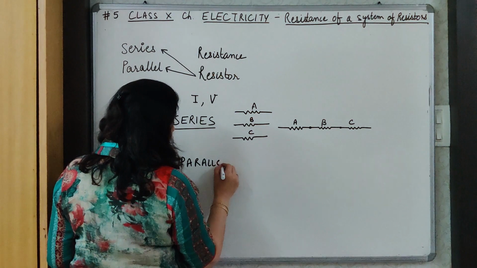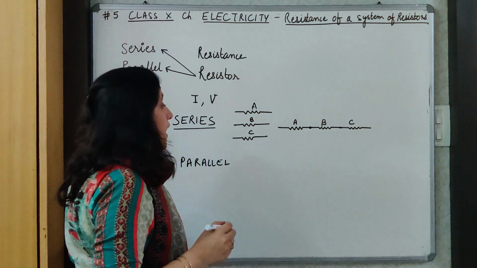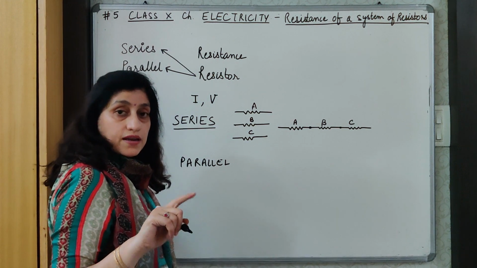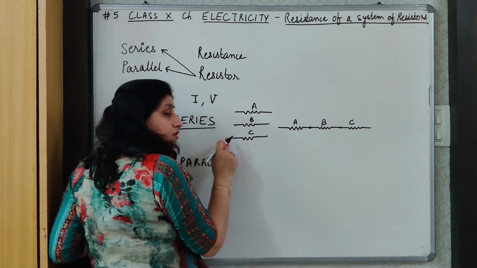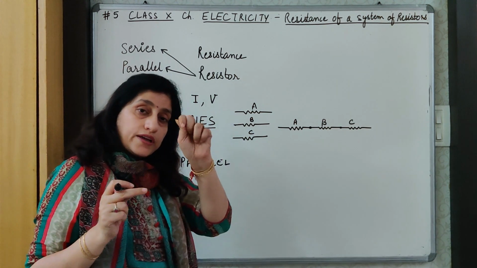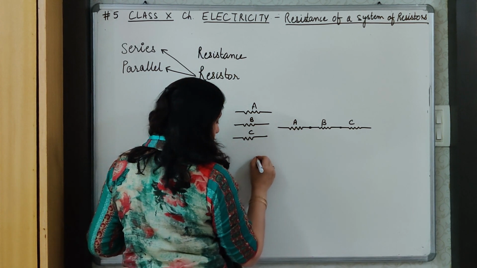In the parallel connection, suppose we have these three resistors and we have to connect them in parallel. What we will do is, we will take the open end of all the three at one point and twist them together like this.